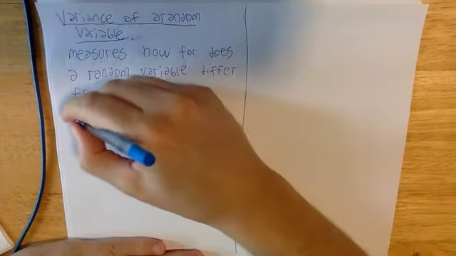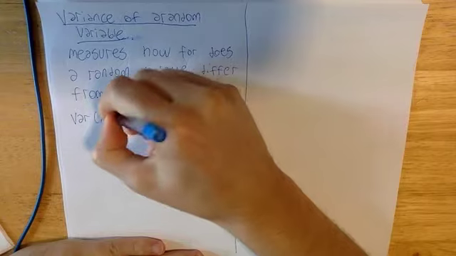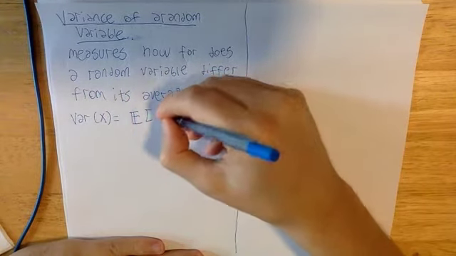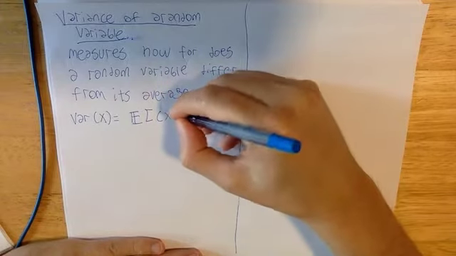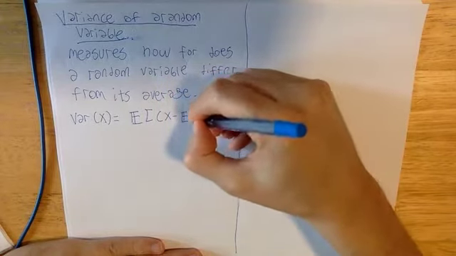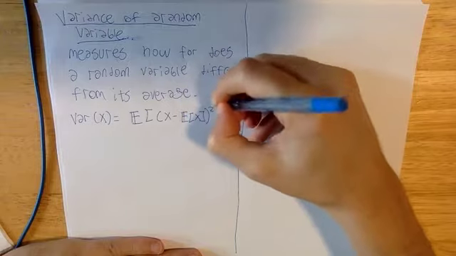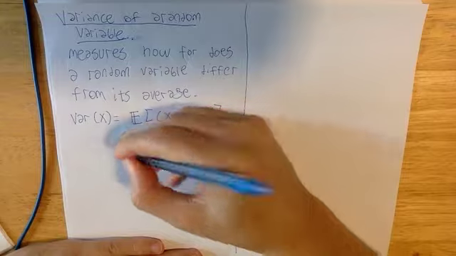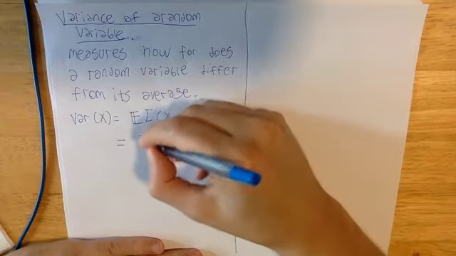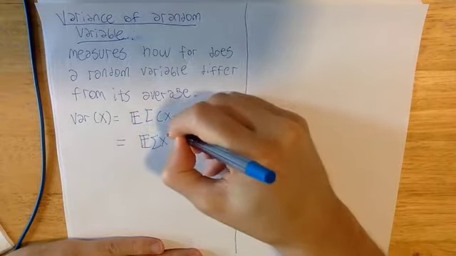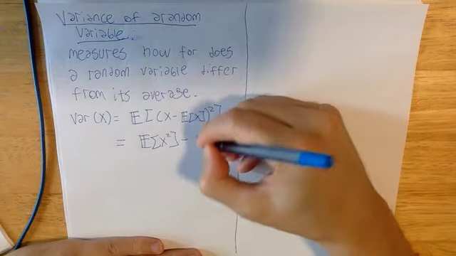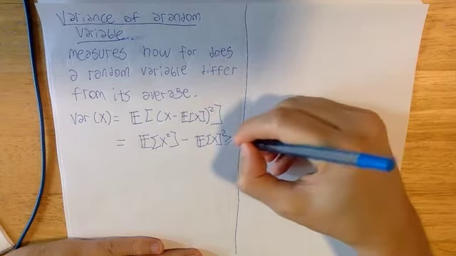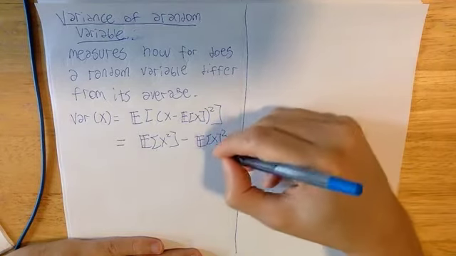So what is the variance of x? The variance of x is the expectation of the squared difference between x and its average, which can be rewritten as the expectation of x squared minus the expectation of x, squared. And this is always positive, and this is by Cauchy-Schwarz.